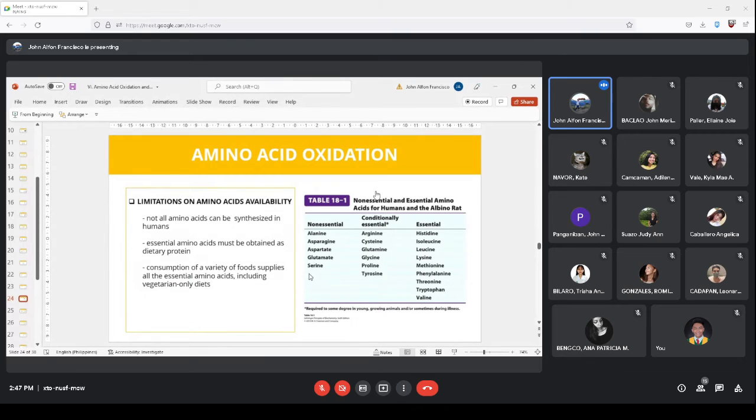These are the non-essential ones, which we can synthesize in our body, while the essentials are these: 1, 2, 3, 4, 5, 6, 7, 8, 9. Conditionally essential means required to some degree in young, growing animals, and sometimes during illness. Okay?